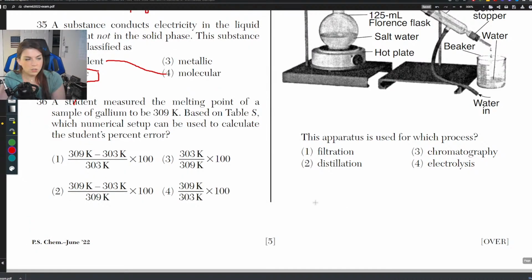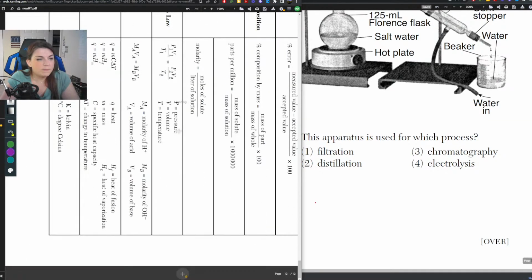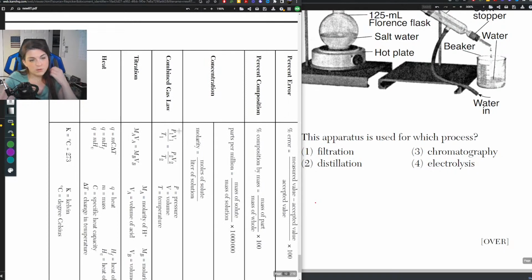So we are looking for measured minus accepted over accepted times 100. That's on Table T. If you forgot, that is the last table on the reference table. I know it's sideways, but the percent error is right there.